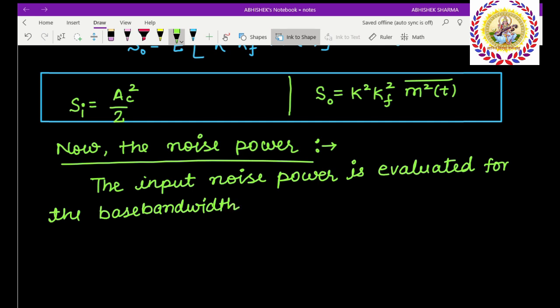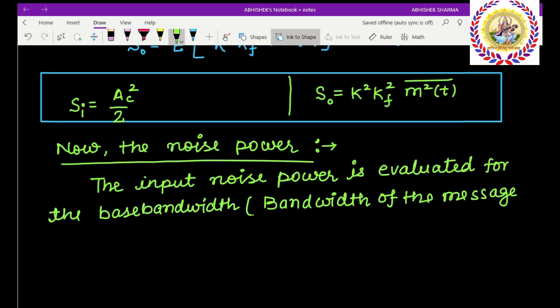Here base bandwidth is the bandwidth of the message signal, which I have already discussed that it is equal to B radian per second. So this is the bandwidth of the message signal, B.